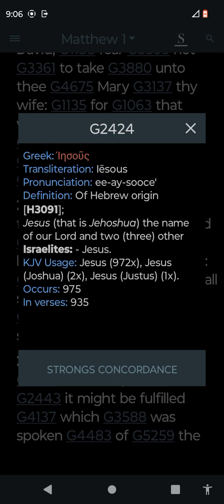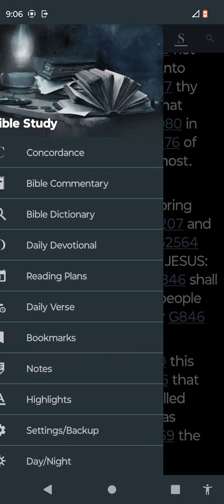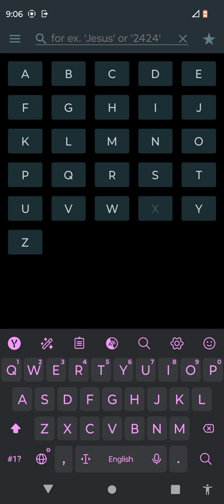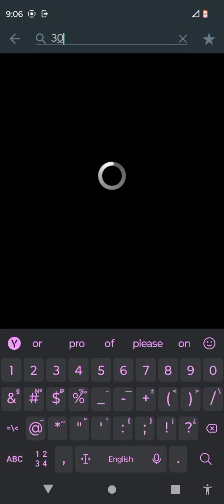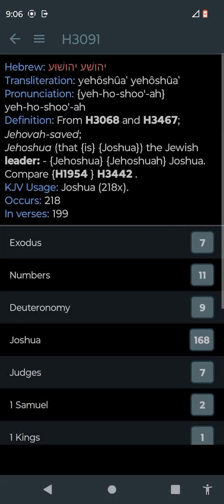As you can see, it says, of Hebrew origin, 3091. So let's go to the Hebrew 3091. There it is. By all means, take a gander for yourself. Yehoshua.